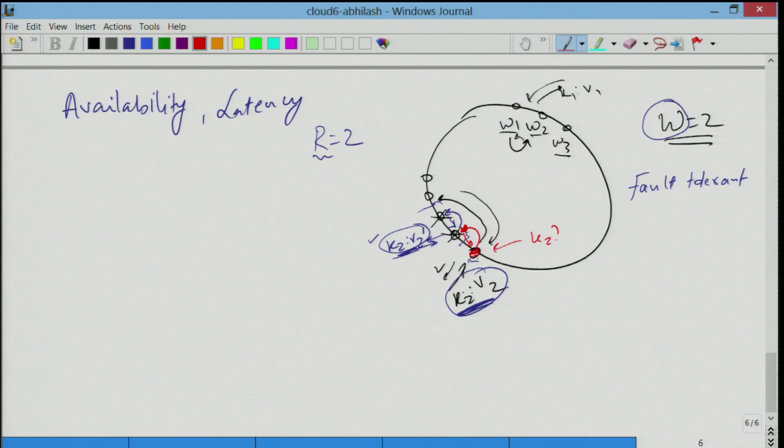So we got two different values from read. So instead of returning a single value, we will return both the values, right? That the value of K2 is both V2 and V2 prime, right? So the approach is basically similar to what we have seen in Git, right?